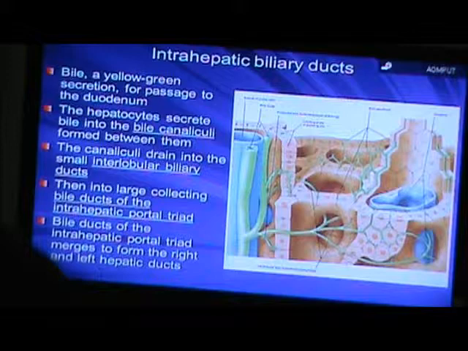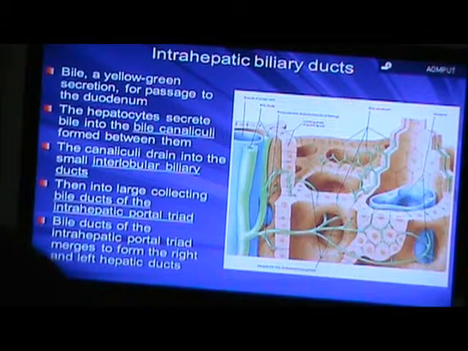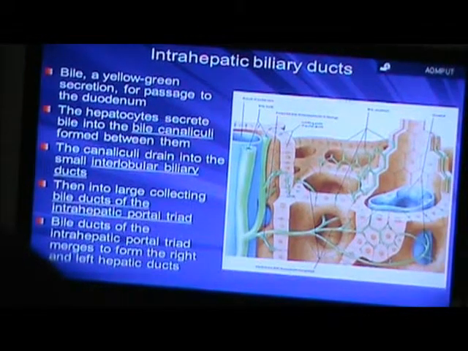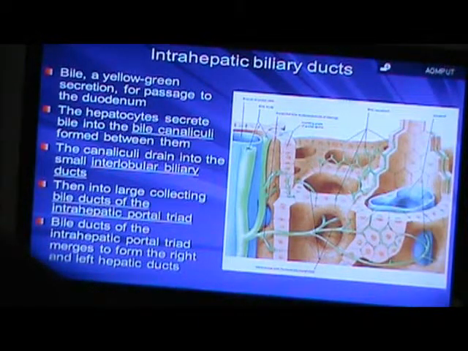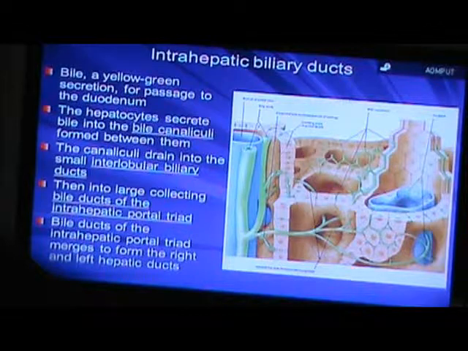These bile canaliculi, interlobular biliary ducts, and bile ducts of the portal triad form the intrahepatic biliary ducts. Such intralobular or interlobular bile ducts are called cholangioles.